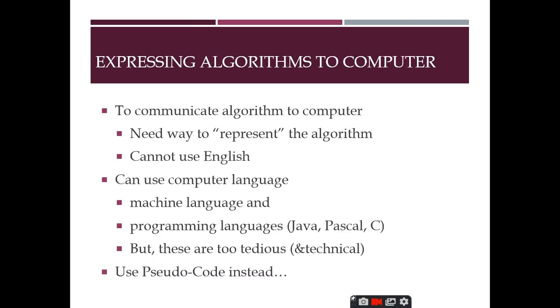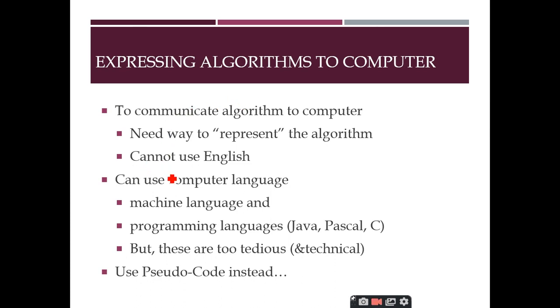Yes, sir. Right. So why do we need this algorithm? As we know, we need to communicate with the computer. Whenever we need to communicate with the computer, we cannot make use of natural languages such as English, Telugu, Hindi. All these languages are not understandable by the computer.